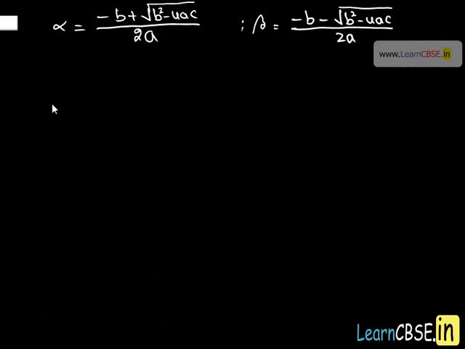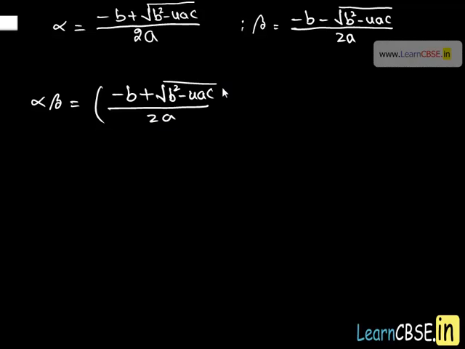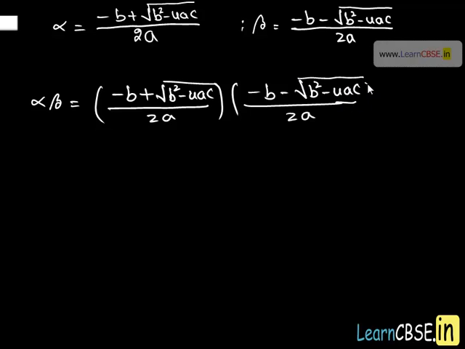Now let us find the product of the roots, that implies alpha times beta, which is (-b + √(b² - 4ac)) / 2a times (-b - √(b² - 4ac)) / 2a. In fractions, we learned that the product of two fractions is the product of the numerators divided by the product of their denominators.